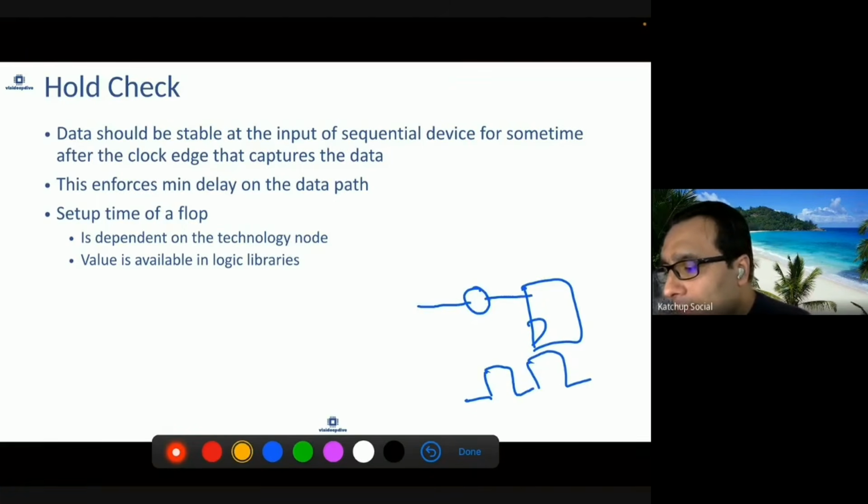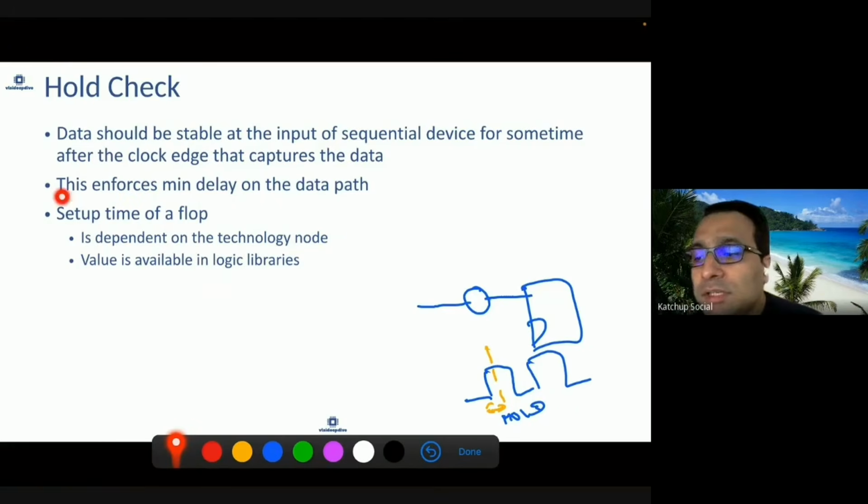So at least for some time after the clock edge, this data should not change. And this is your hold. What that sometime is, is dependent upon the technology node, and that value is available in the logic library. It enforces a min delay on the data path.